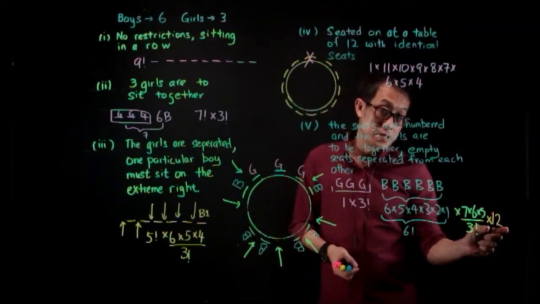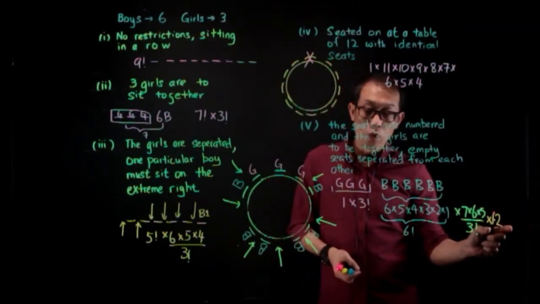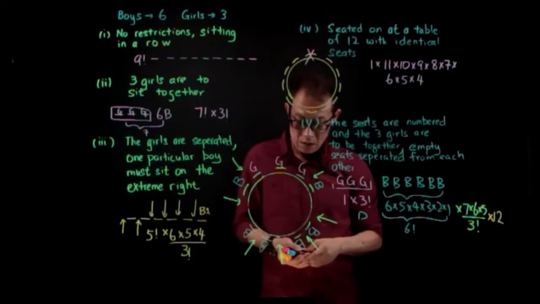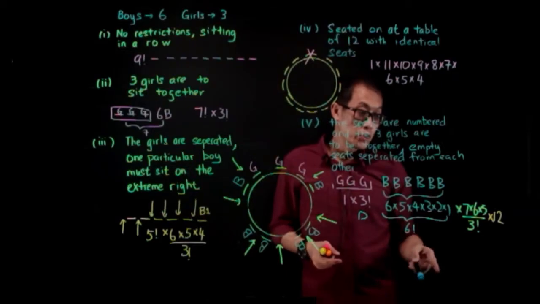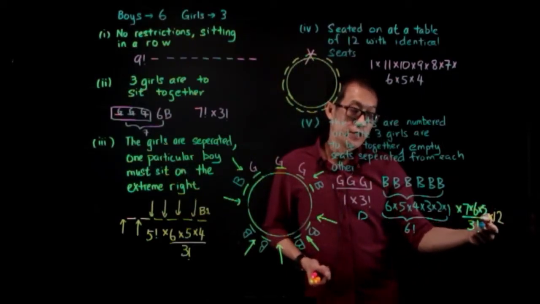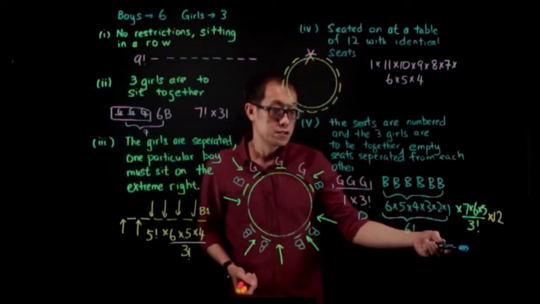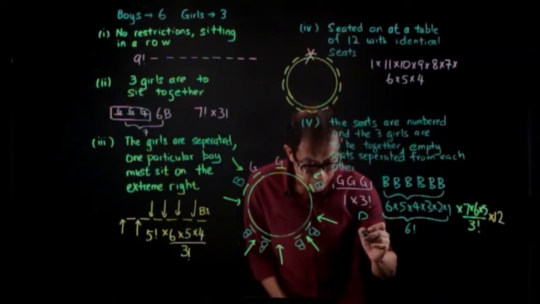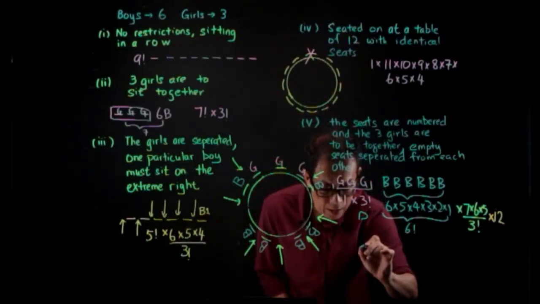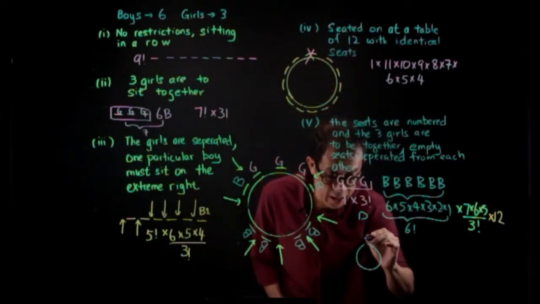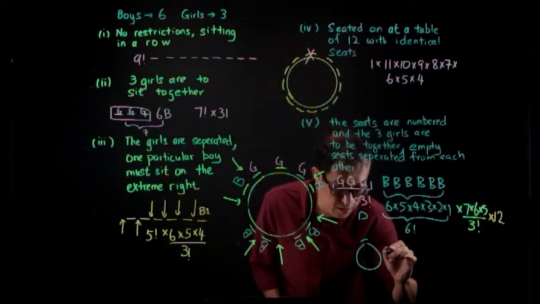Now you may be asking, why do we multiply this answer by 12? Let me show you why we must multiply by 12, the number of different chairs, via an example. Let's say we have a table with 4 different chairs, 4 numbered chairs.